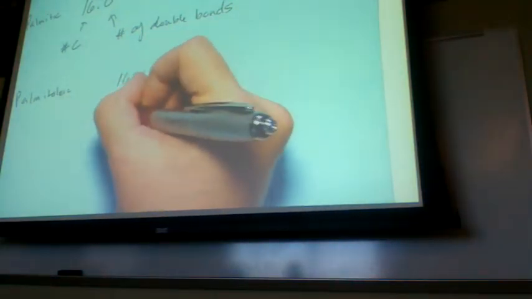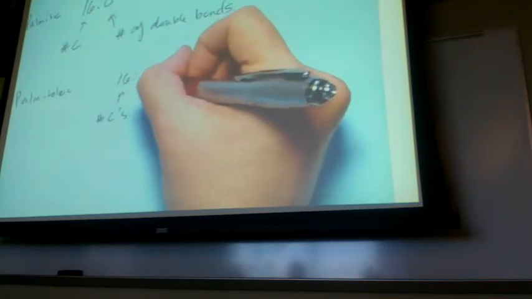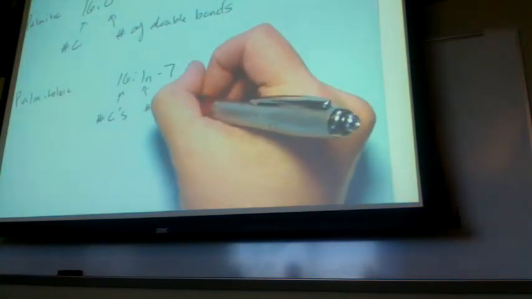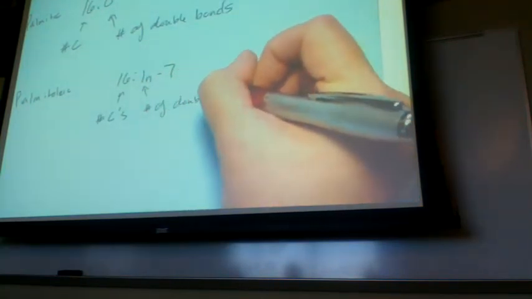I guess the best way to think of this is just number of carbons, number of double bonds, and if I say 9 from the end, that works for that one.